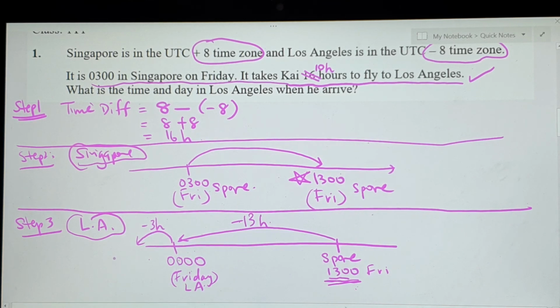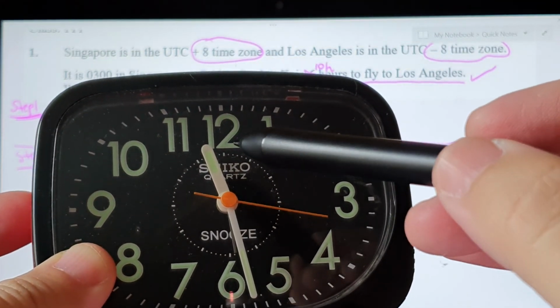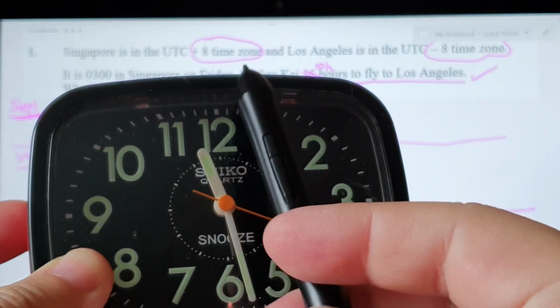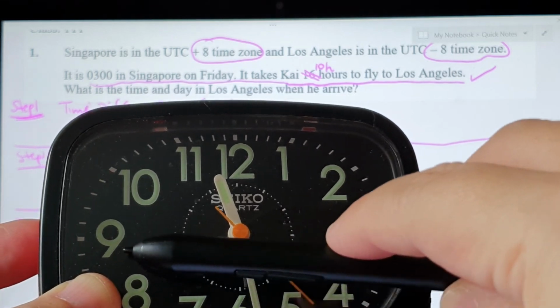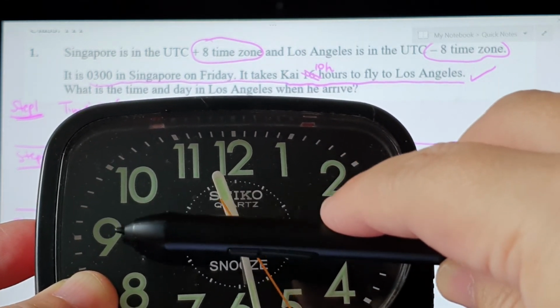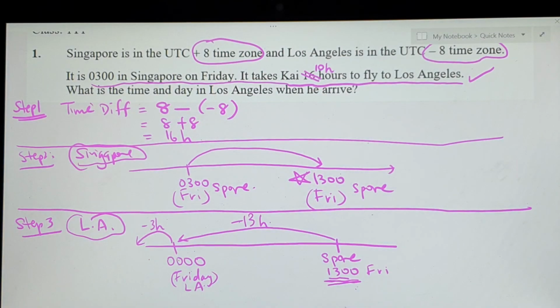Then you look at your clock. 12 midnight is here. Then you minus 1, minus 2, minus 3. Correct? So actually it's 9 p.m. at night.